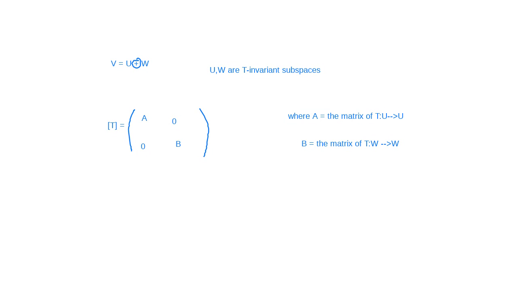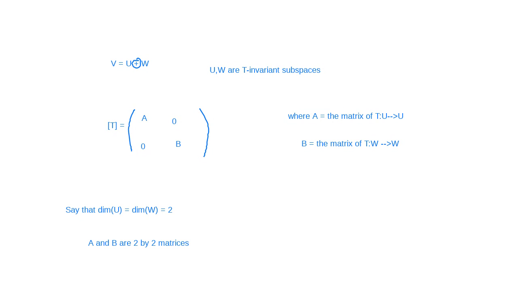Say the dimension of U equals the dimension of W equals 2. Then A and B are 2x2, so the only relevant values for the matrix of T will be 4 non-zero things in A and 4 non-zero things in B. Because U and W don't interfere with each other, that makes T a lot easier to understand, just because 2x2 matrices are easier to understand than 4x4 matrices.